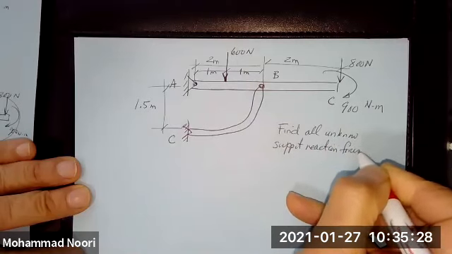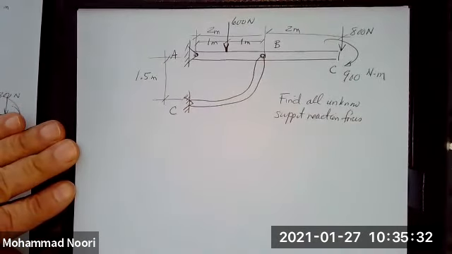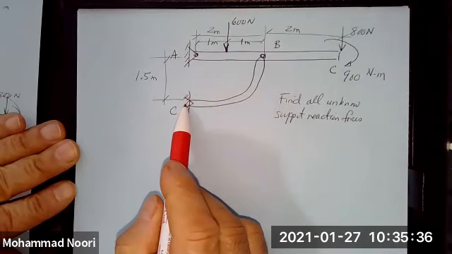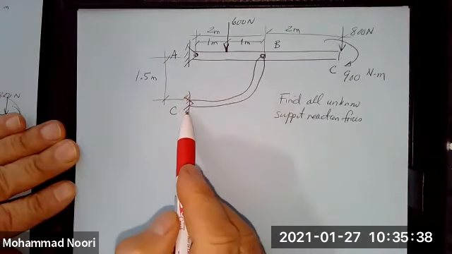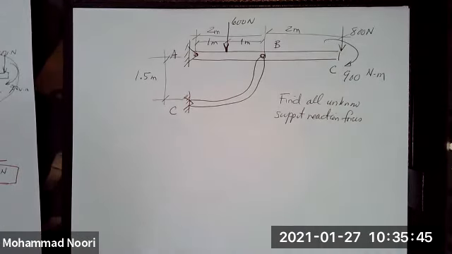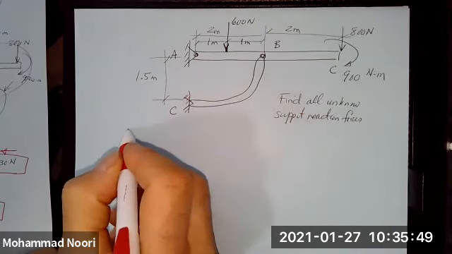So you look at this problem and you see you have a pin here, you have a pin here, so you have two unknowns, two unknowns. No way you can solve the problem because it's statically indeterminate. However, if you pay close attention to this problem, this is how you're going to solve it.